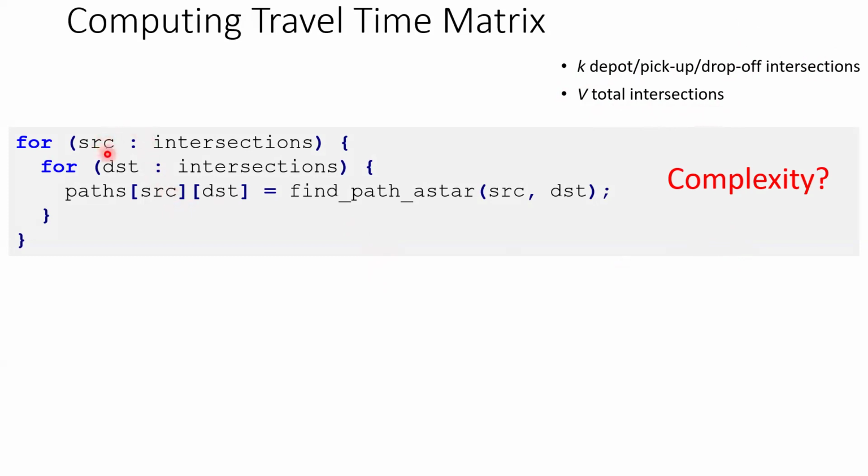So first, how many source intersections do we have? We don't really need to compute for all of the intersections because we're only interested in K. And destinations? They're the same thing. So we have K squared find-path calls. What's the complexity of find path using A-star or Dijkstra?